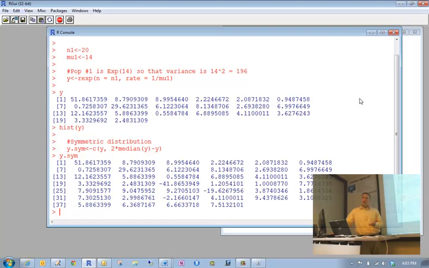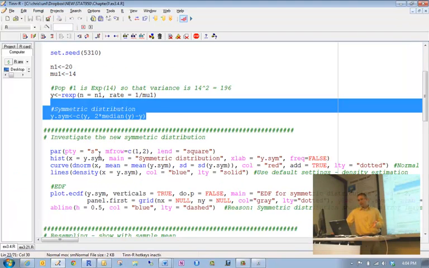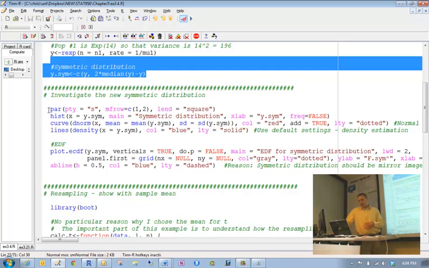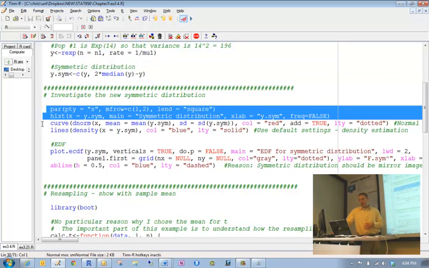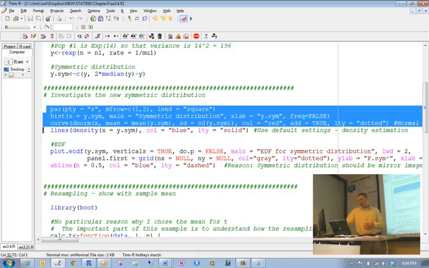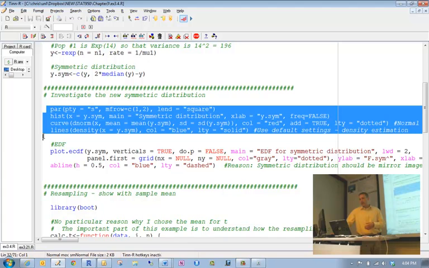Just to verify that this little transformation allows us to work with a symmetric distribution, let's look at some plots. First of all, a histogram. How about we put a normal distribution plot upon it? And also I'm simply going to use a density estimator.